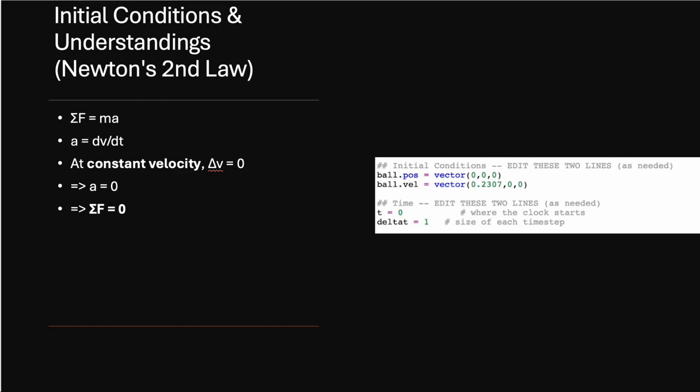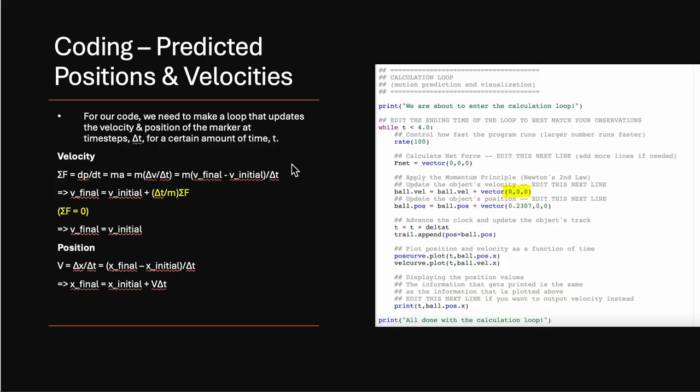This is important for our time loop, which I will talk about in a second. I also said that the position of the marker was 0, 0, 0 at starting time 0, with a delta t change in time of 1.